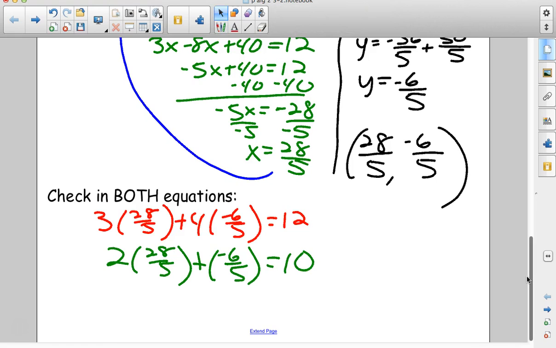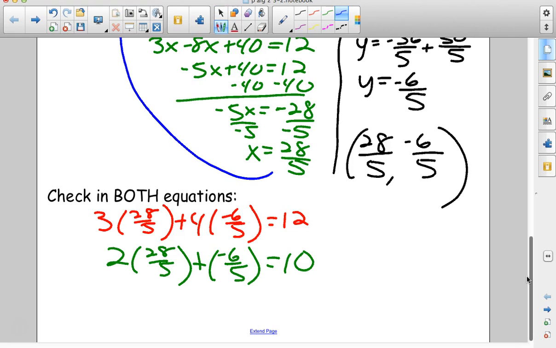And if we haven't used the calculator yet, maybe it's time to just get some use out of this. So we have 3 times, parentheses, 28 fifths, plus 4 times negative 6 fifths. 12. It checks.